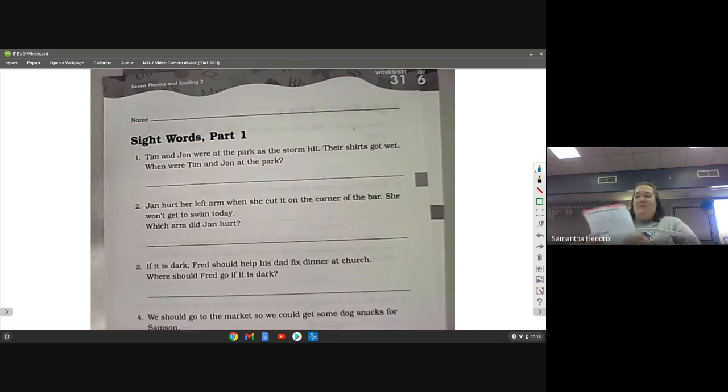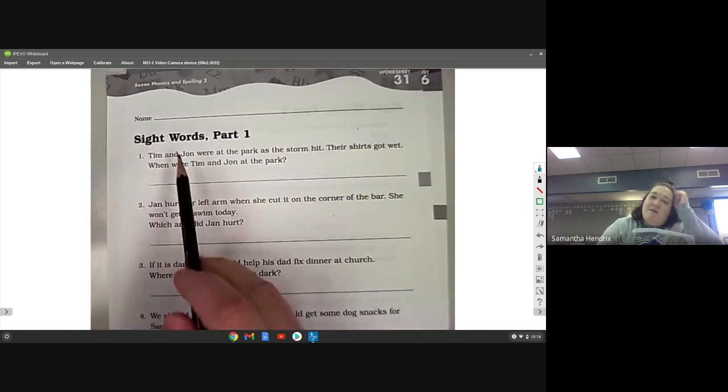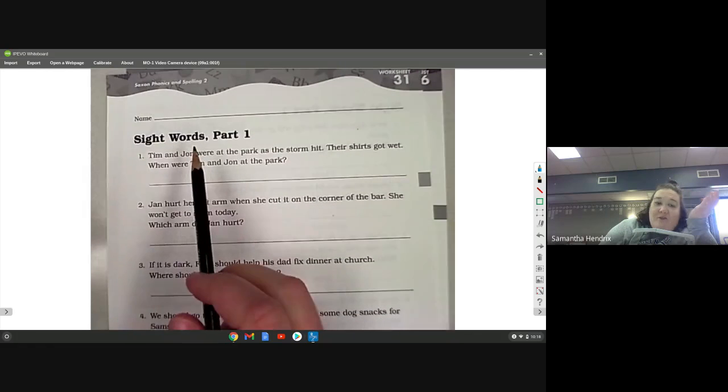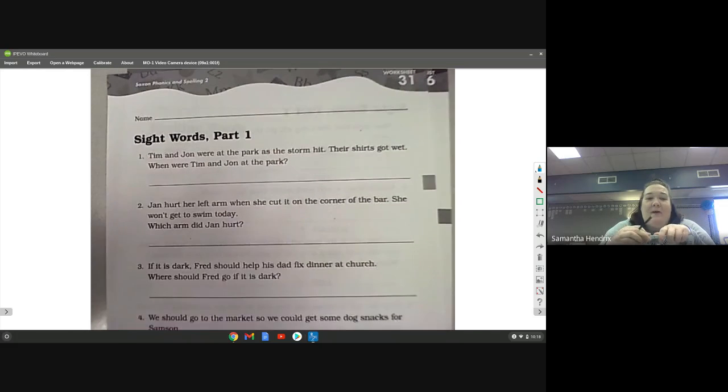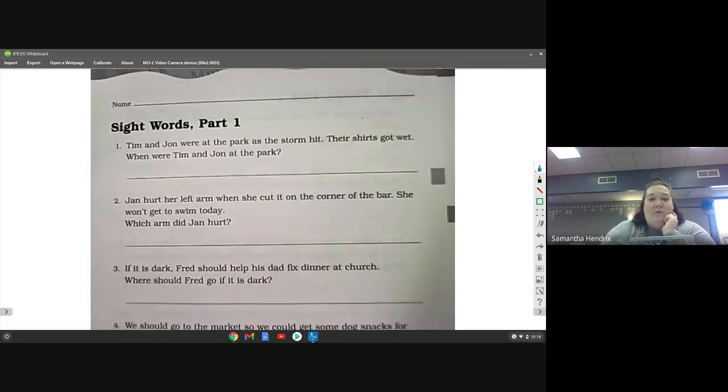Gotta find my script. Okay, so you're just gonna read the sentences and answer the questions, okay? So here's the thing. All of these words you can code. If you don't know how to pronounce them, you can code them, okay? This is sight words. So let's get our sight words out real quick. Okay?